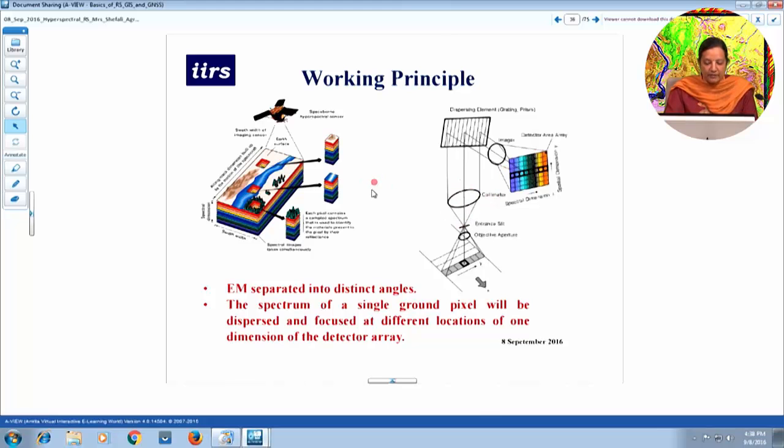Like a prism, if white light passes through a prism, the light gets separated into its various colors, its various spectra. Similarly here we have a grating instrument or a spectrometer which disperses the light into its respective wavelengths, and corresponding to each of these wavelengths there are detectors which will record this energy, measure this energy and convert it into an image.